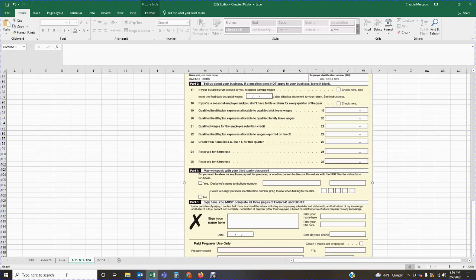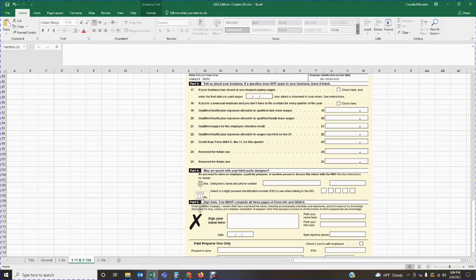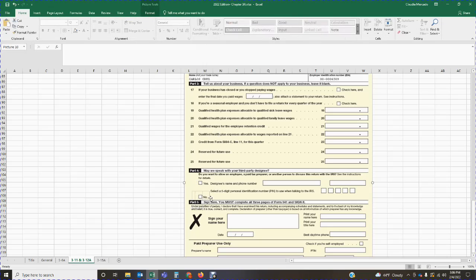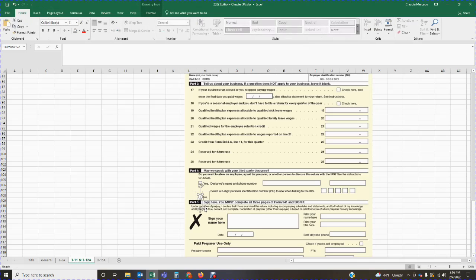Insert text box. Where's my X? That should be marked an X or a no. I don't know why the system does not let me enter a text box.